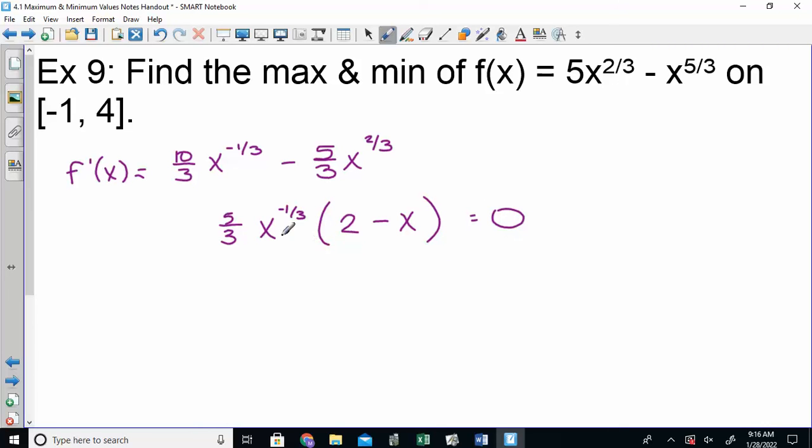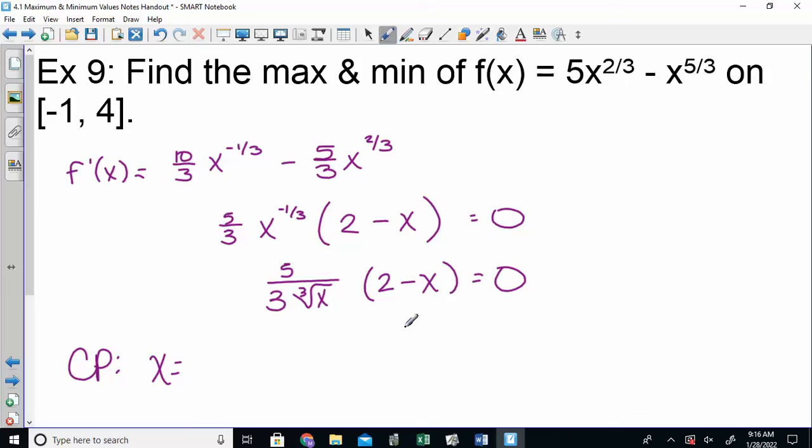I need to know when that is 0. You can also rewrite this, and negative 1/3 is just a cube root on the bottom. So what makes this equal 0? What happens when x is 0? It's undefined. So that is a critical point because it's undefined there.